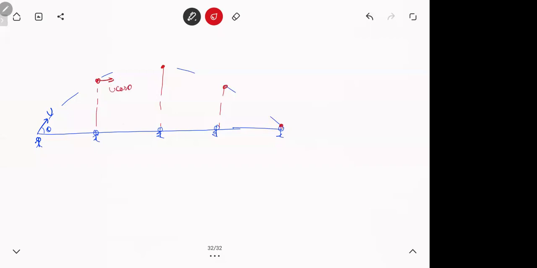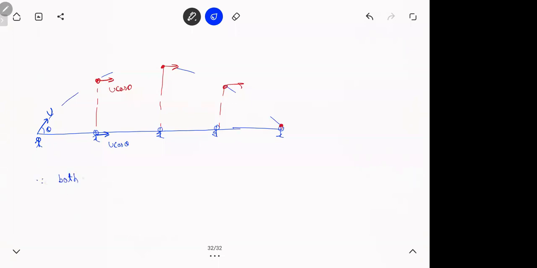Now this guy is going with u cos theta. He is also running with u cos theta. So for this person, when he looks upright, he will see the ball is always on top of his head, because both have the same horizontal speed.